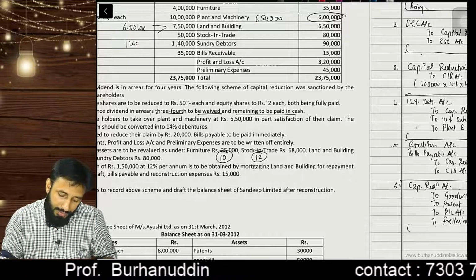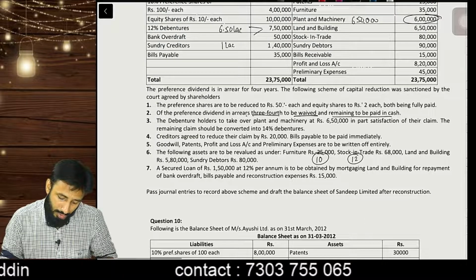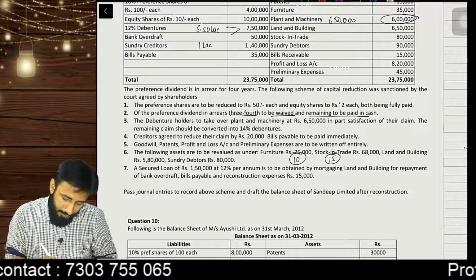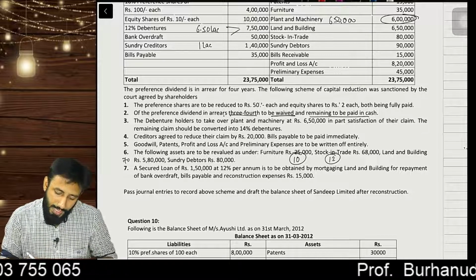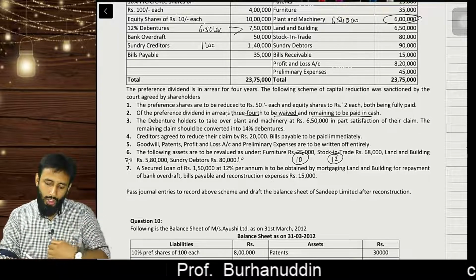Land and building is 6 lakh 50. It is done as 5 lakh 80. Is it 70? And debtors 90 का 80, तो ये 10 हो गया. Furniture, stock, land and building, debtors.